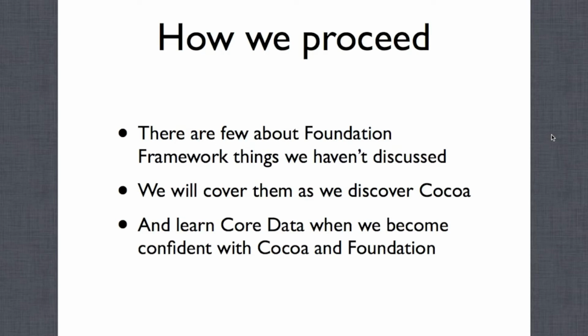I want graphical applications. I want programs that you can write and actually use, not just print fractions. So we will learn the rest of Foundation as we go, and we will move on to Core Data in the following weeks when we become confident with Cocoa and Foundation. So we see how we go. I will try to reflect the actual progress of the class.